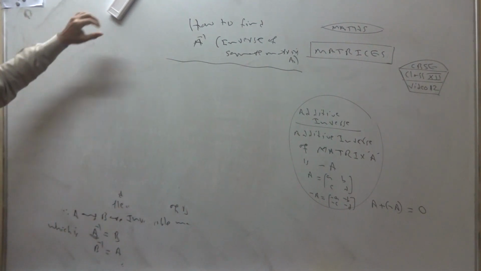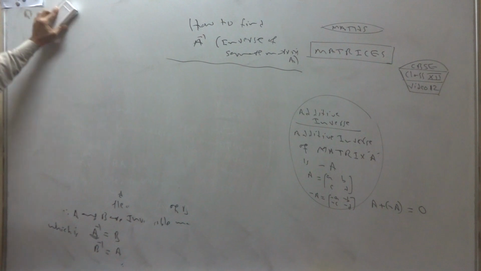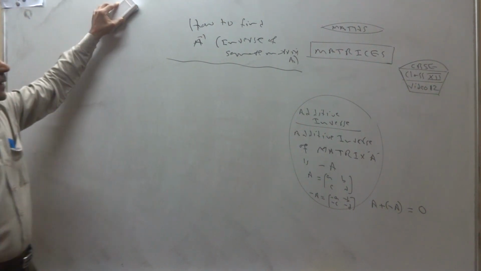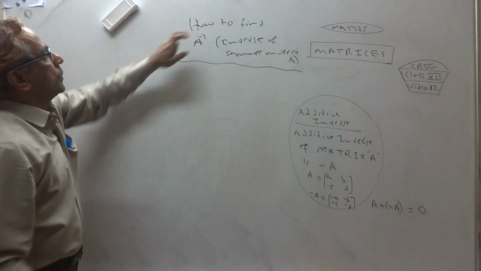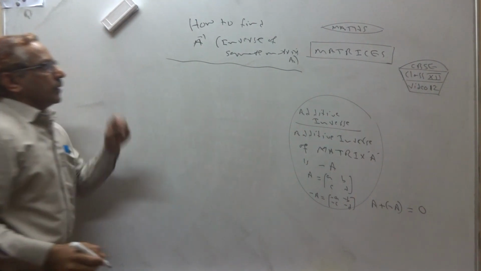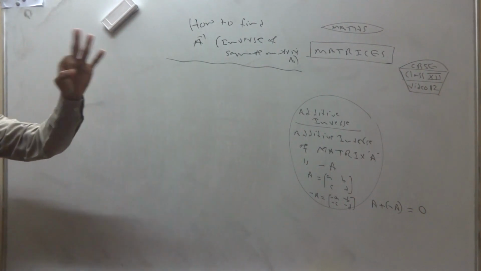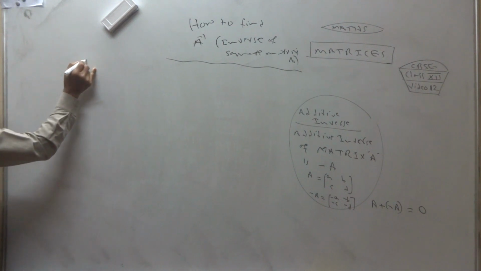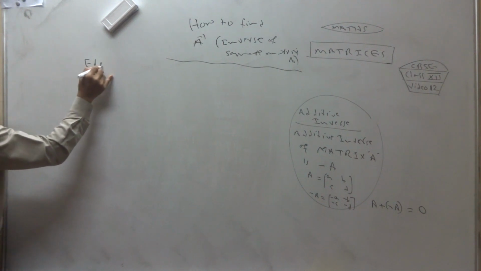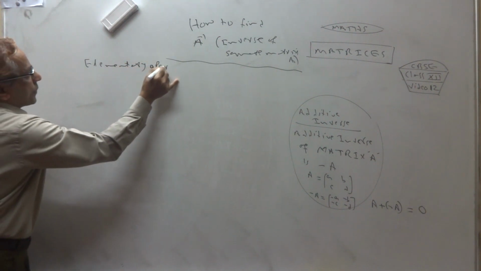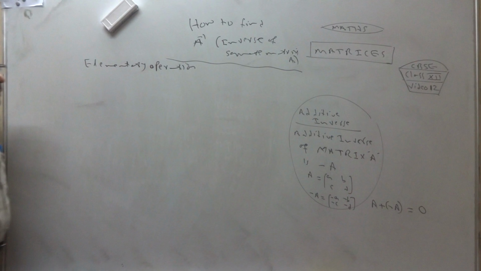This is very important. We have the next exercise completely based on this. How to find A inverse of a square matrix A. For that we have elementary operations for finding the inverse of a square matrix.